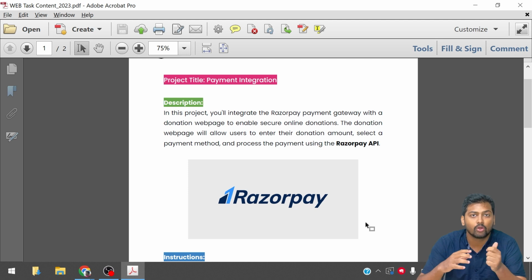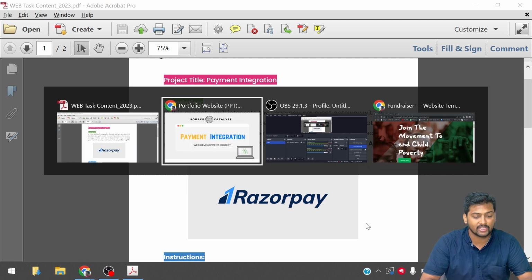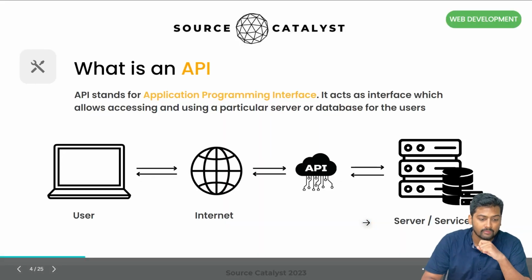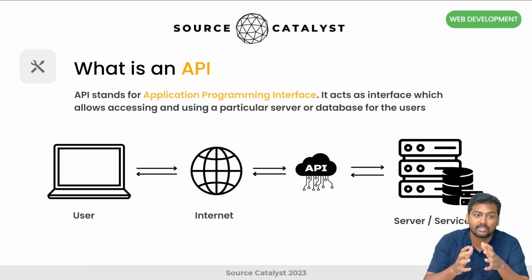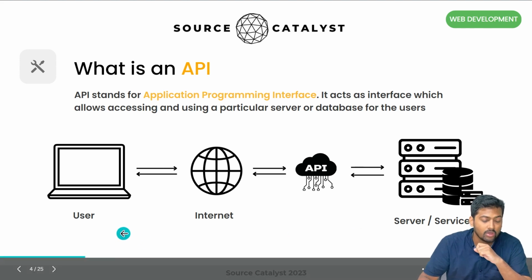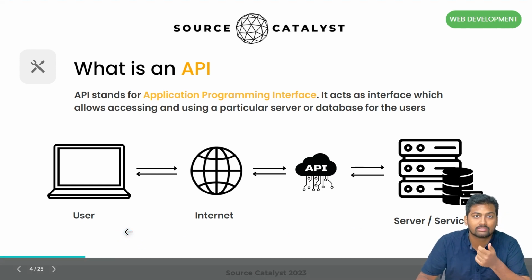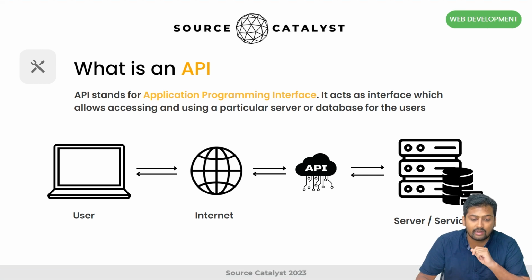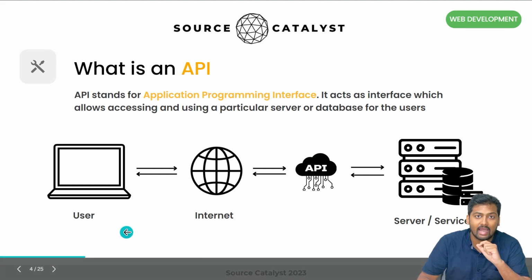To understand what an API is, I'll give you a short brief. API stands for Application Programming Interface. It basically is an interface which allows the user to access and use a particular service or server from a database. So to briefly explain, when a user wants a particular service, it uses an API to directly access the web servers or the service.